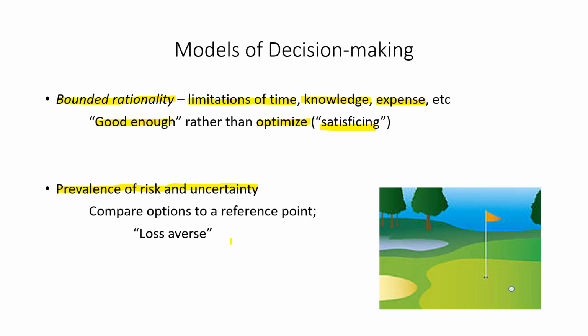Trying to save par means you're trying to avoid that loss of a stroke. And what they found is that when all other things being equal, when pro golfers were putting to save par, they were more accurate on average than they were trying to make a birdie, which of course is gaining a stroke.